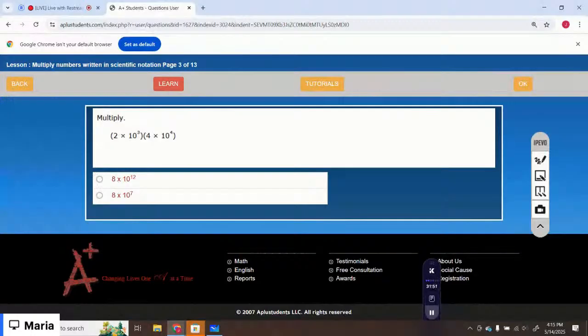So option number 2 is the correct option. That is 8 times 10 exponent 7.